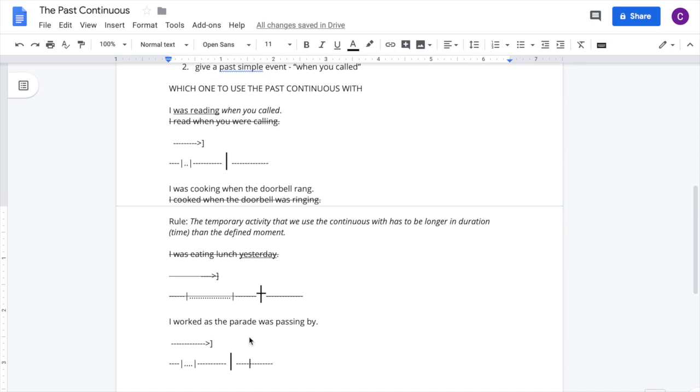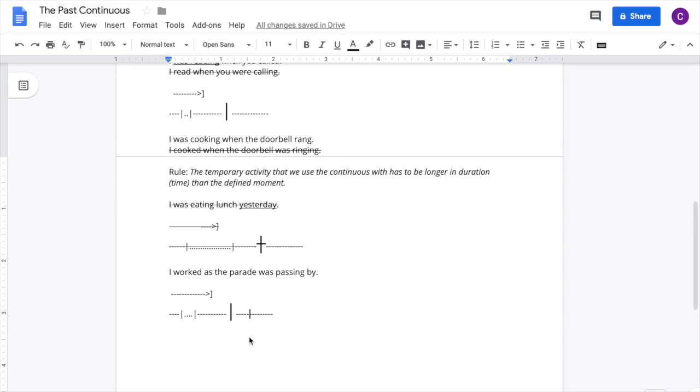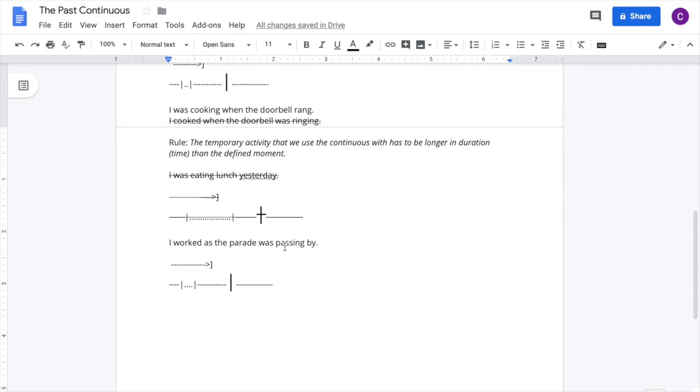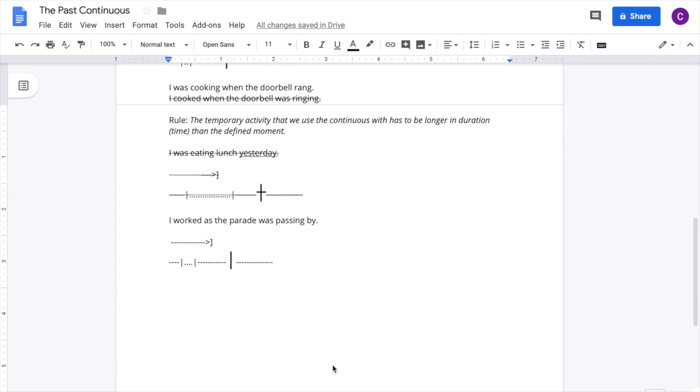Okay, one more detail that I can tell you is that the temporary activity does not have to extend beyond the defined moment. So it doesn't have to, it can stop right at the defined moment, in other words.